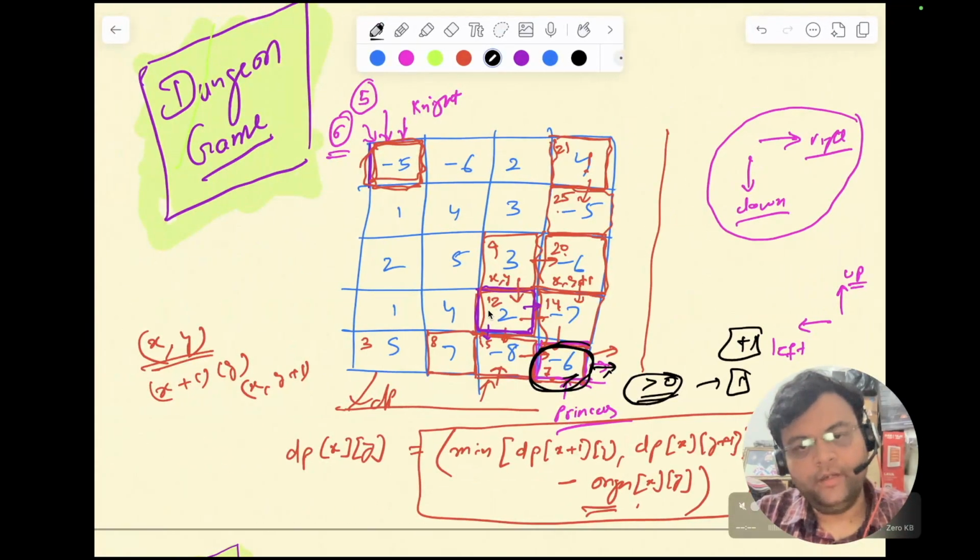So I need to fill this whole array, correct? This is n minus 1, m minus 1, this is n minus 2, m minus 2, correct?